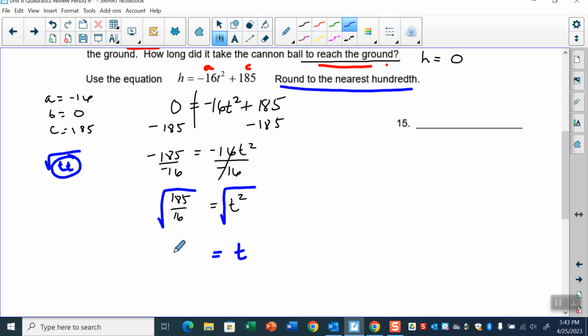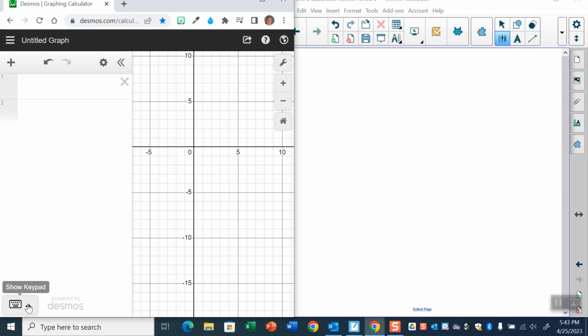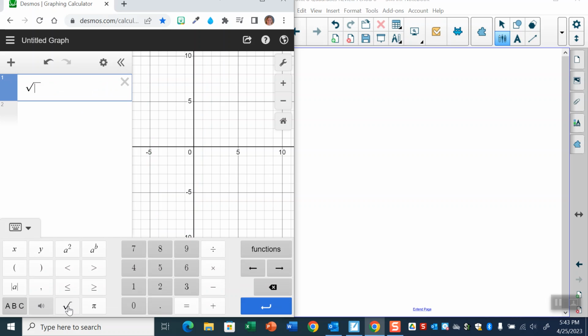And then I'm going to have plus or minus the square root of 185 divided by 16.